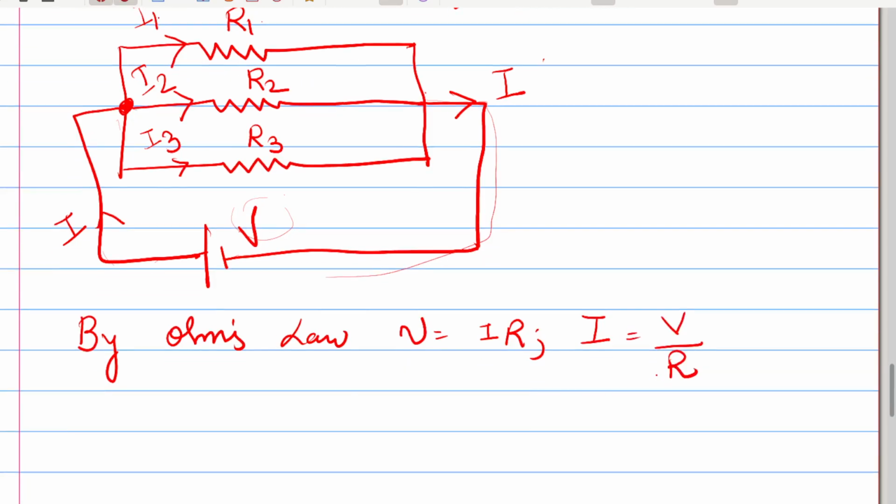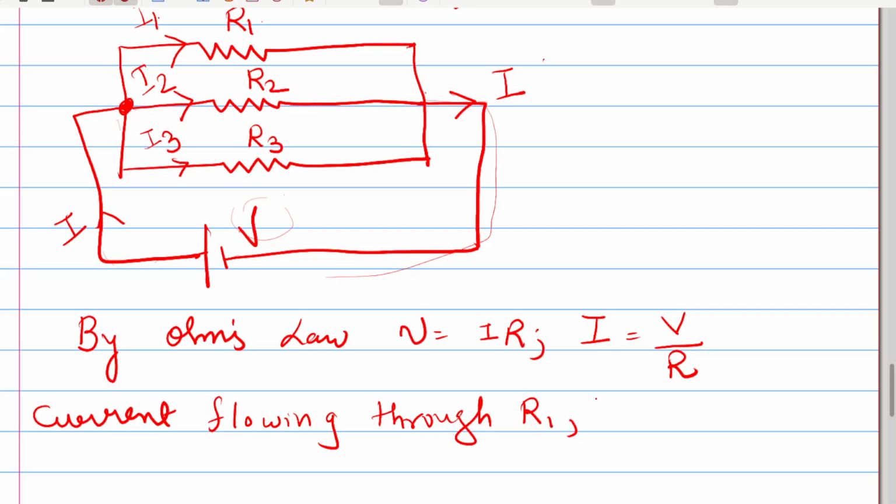Now let us say the current flowing through R1 is I1 equals to V upon R1.